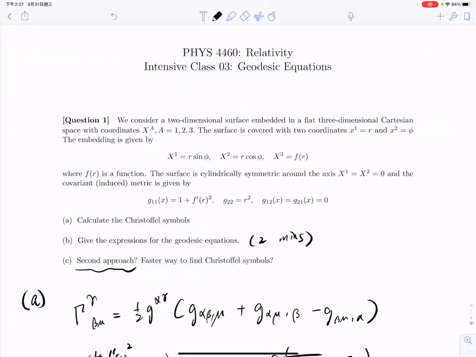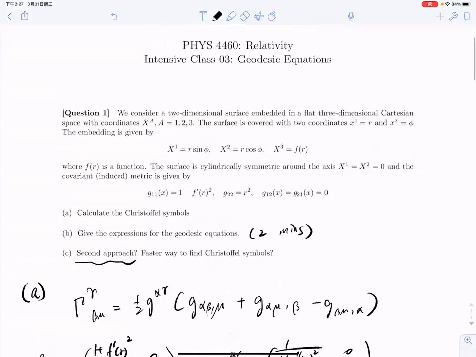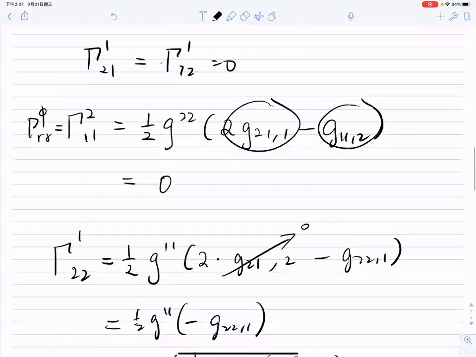Okay, time's up. Part B, just give the expressions for the geodesic equation. For the geodesic equation, you have something like this, right? x double dot mu plus Gamma mu alpha beta times x dot alpha x dot beta equals 0.